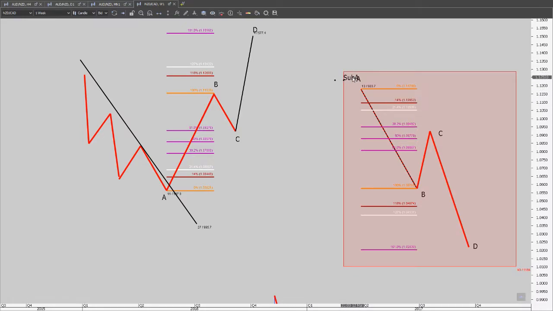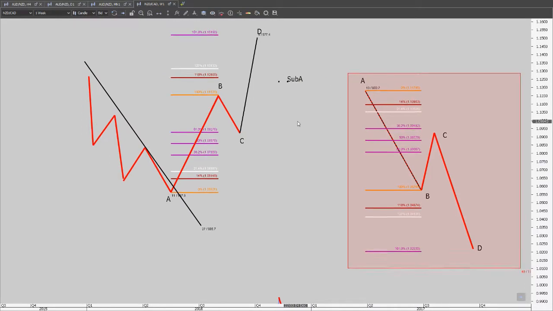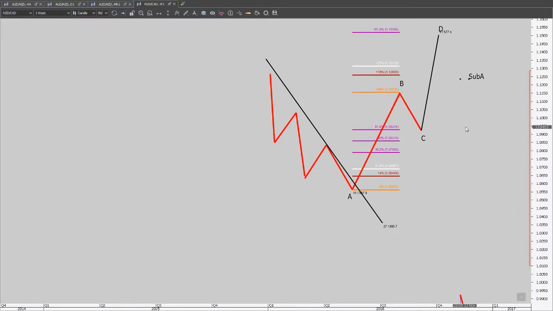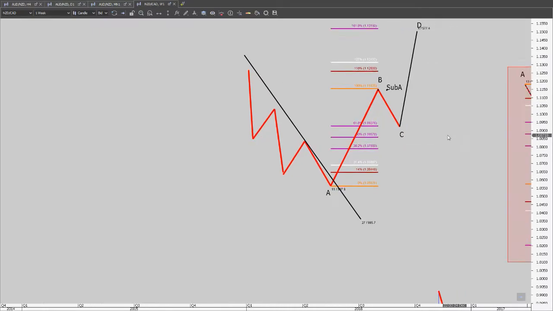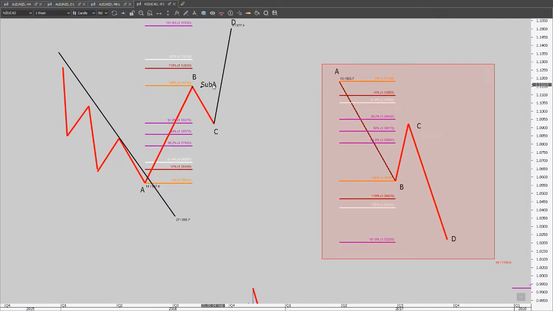The sub A equals the A. But we need to write something different because this is a contrarian. So what is the sub A? Well, what are the rules of the down Fibonacci? The A of the down Fibonacci is the starting point of the downtrend, right? So what is the sub A?